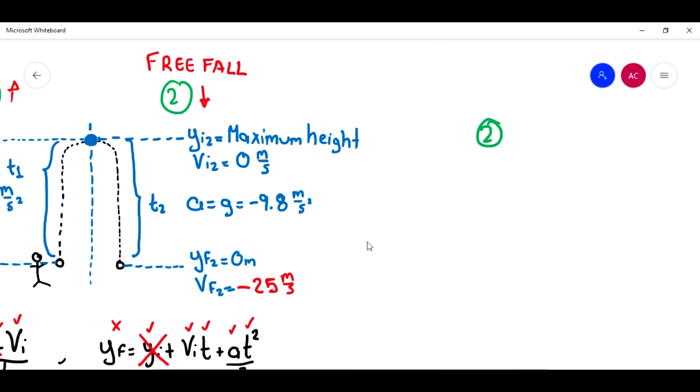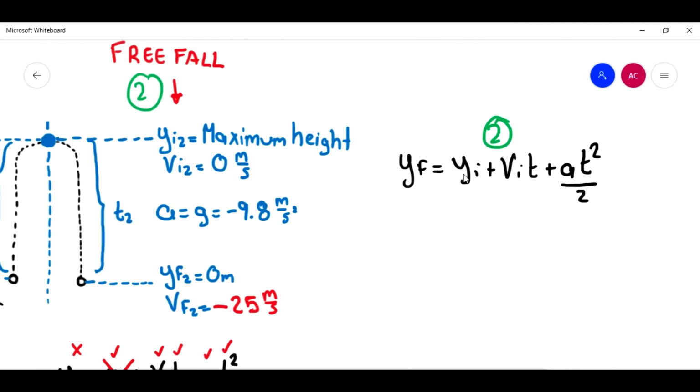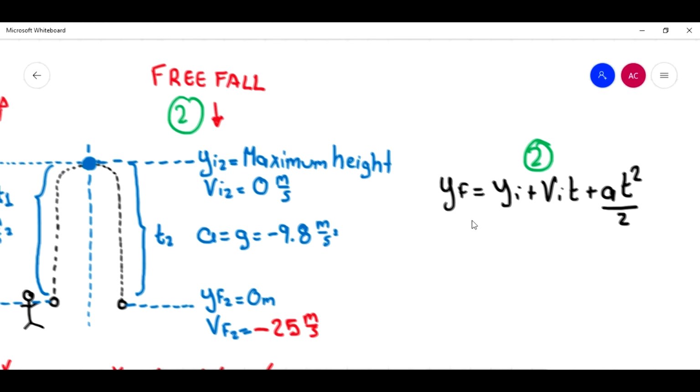And I write the equation again. Final position equals initial position plus initial velocity multiplied by the time plus acceleration times time squared over 2. I guess by this moment you already memorized this equation because I talked about these two equations over and over again.